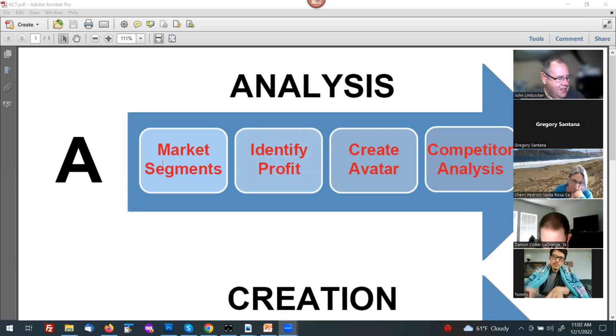But just in brief, with market segmentation, everybody has products and services that can serve a multitude of people, and in some cases a multitude of markets. But it doesn't mean that you want to or should try to serve everybody, because it can literally eat you alive, especially if you're a small business owner.